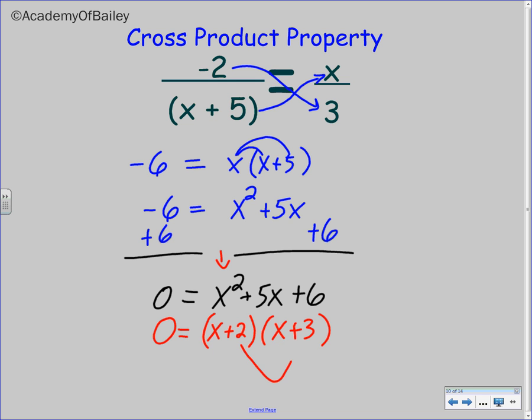What is 2 times 3? +6. And then I'm doing FOIL here in case you didn't catch on to that. This would be the insides, which would give us 2x, and this would be the outsides, which would give us 3x. And when you put 2x and 3x together, 5x.